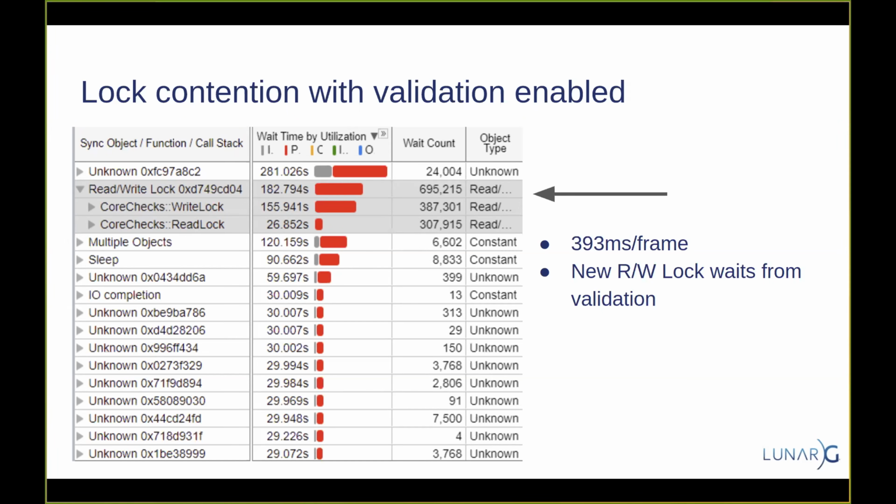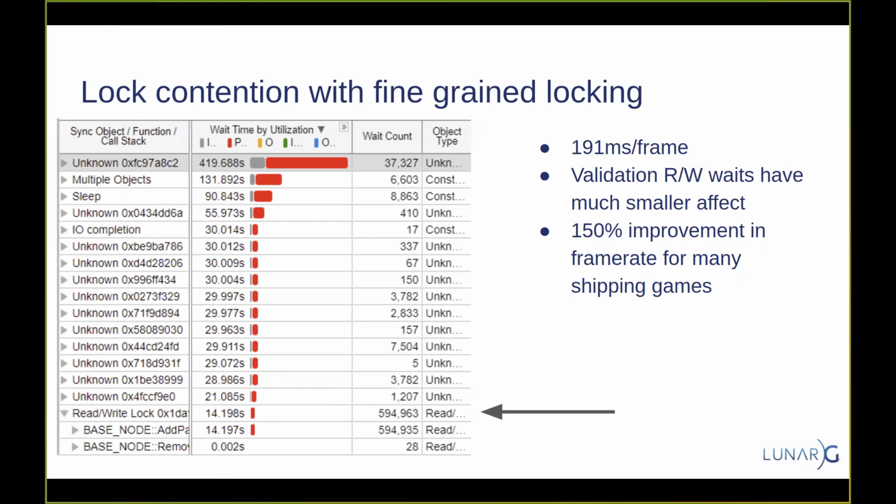So with the new feature enabled with the locking re-architected, we get quite a bit of performance back, 191 milliseconds. The lock contention from the validation layer goes way down from a couple hundred seconds in this little snapshot of time to about 15 seconds.